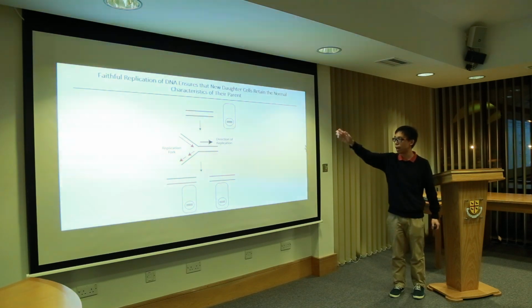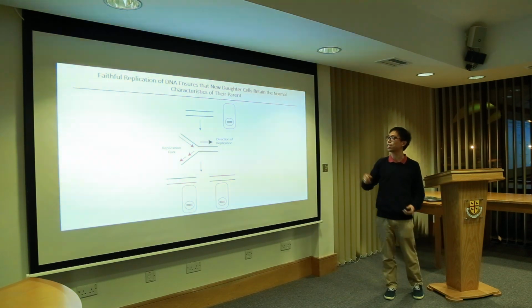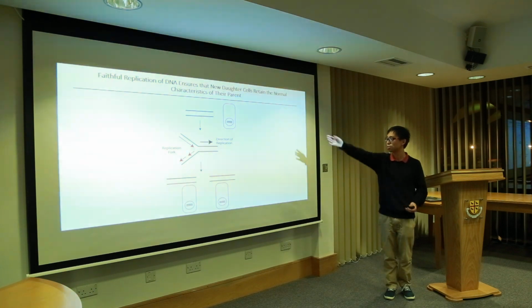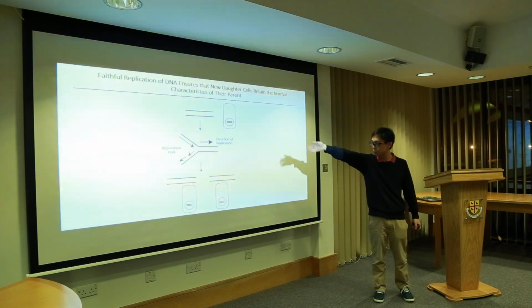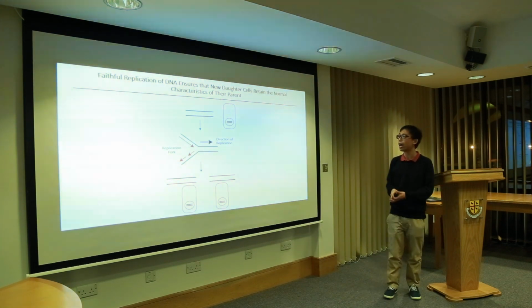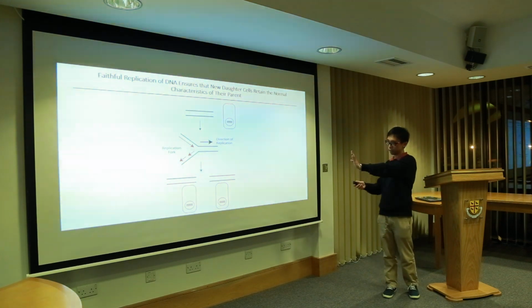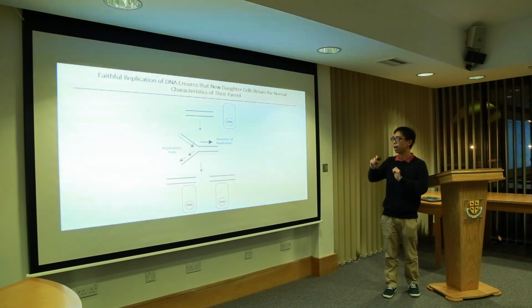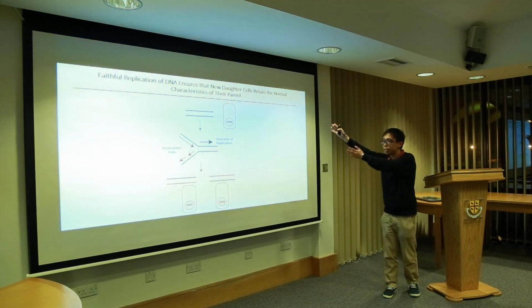And this process of DNA replication has a characteristic structure. It's called a replication fork, which consists of two old strands and two new strands, and I will come back to that later.